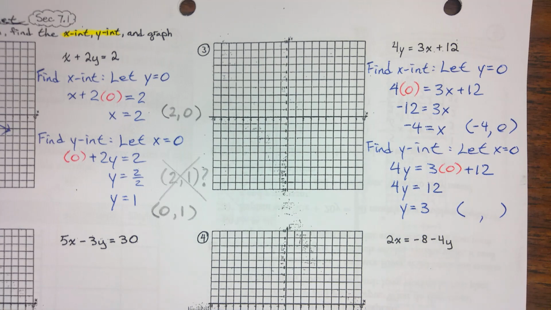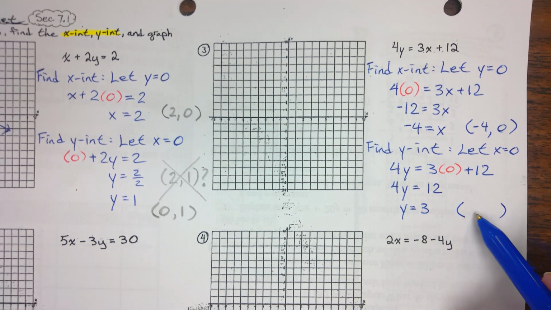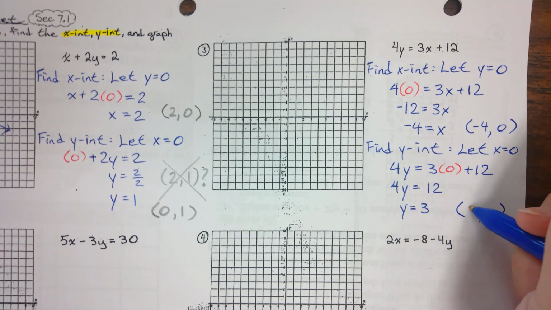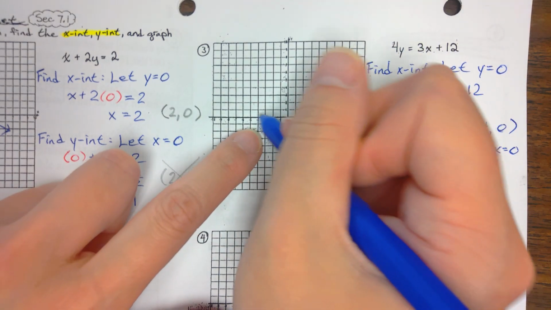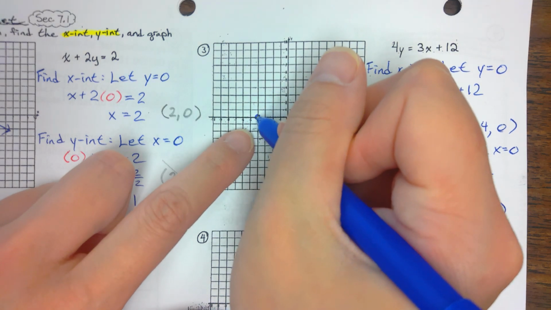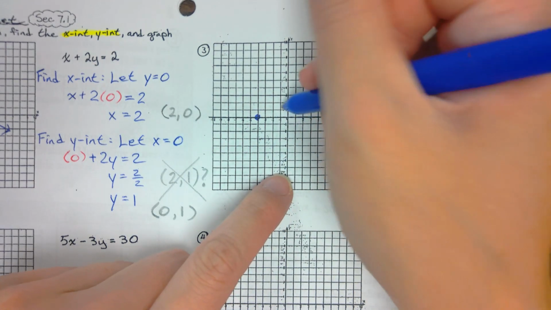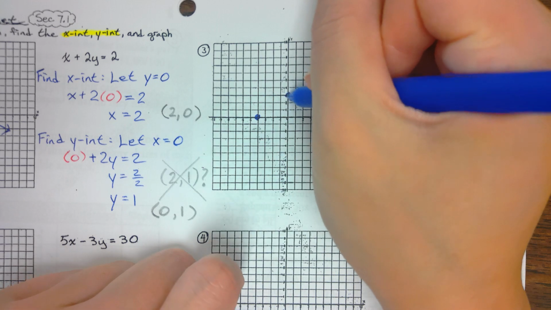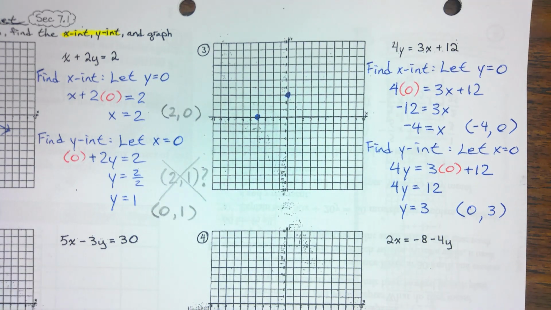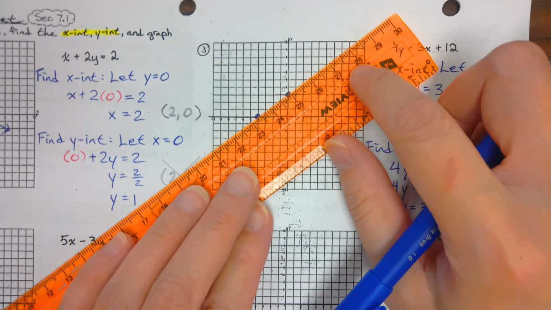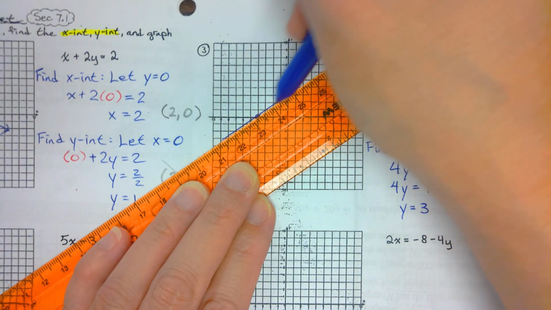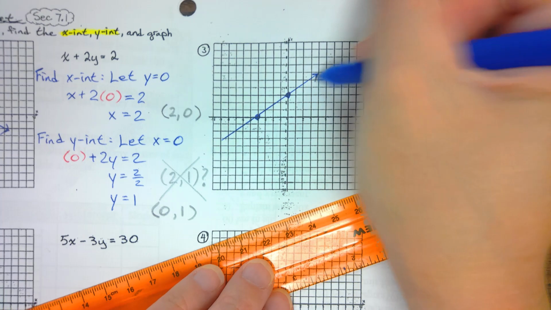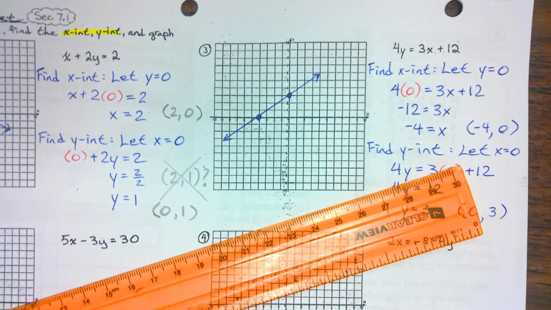And what's my coordinate here? Fujensia? 0, 3. Good job. Okay? So negative 4 and 0, I get this point on my x-axis, and 0, 3, I get this point on my y-axis. That's what it means by x and y intercept. The point on your x-axis, the point on your y-axis. And there's the line.